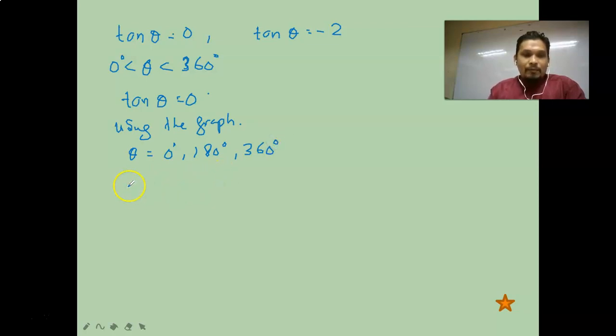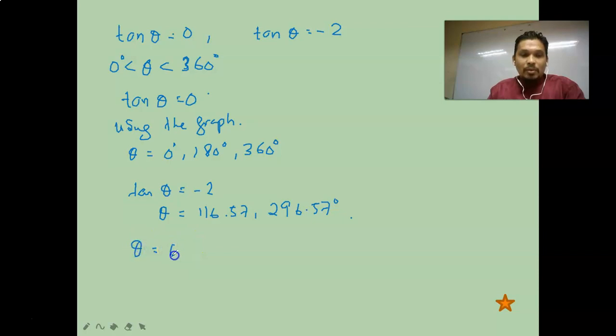Okay, and then for tangent theta equals negative 2, theta equals 116.57 and also 296.57. So we list them all in one row.